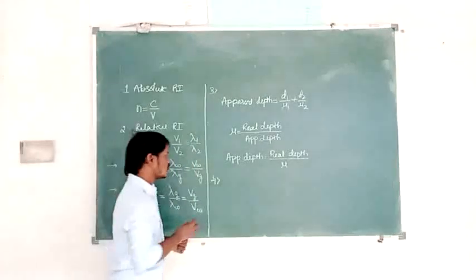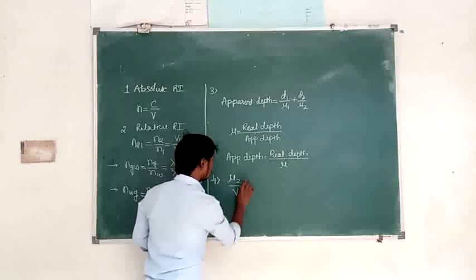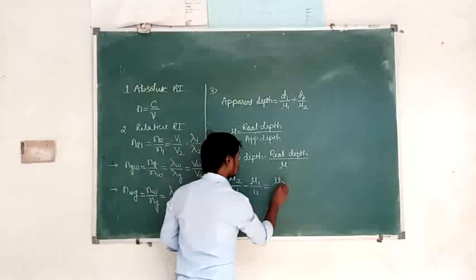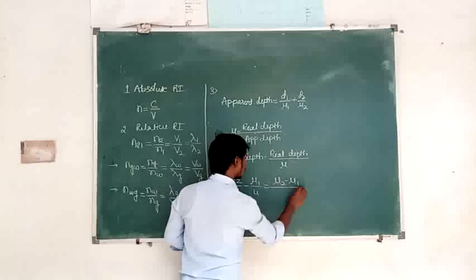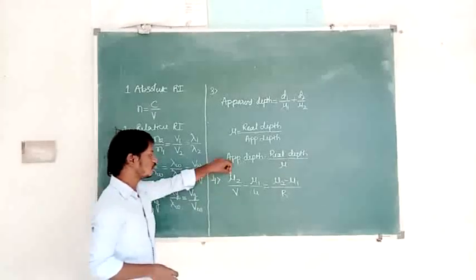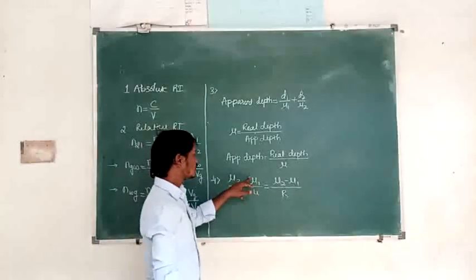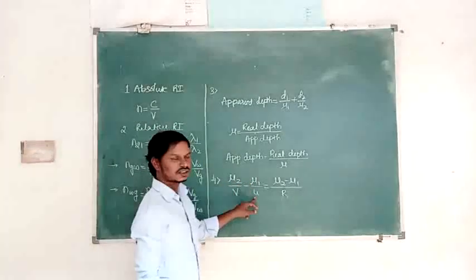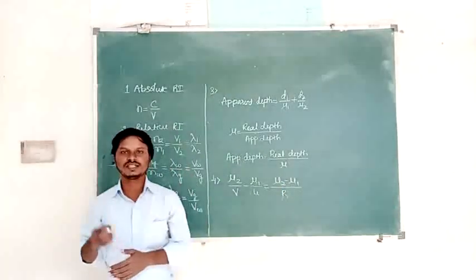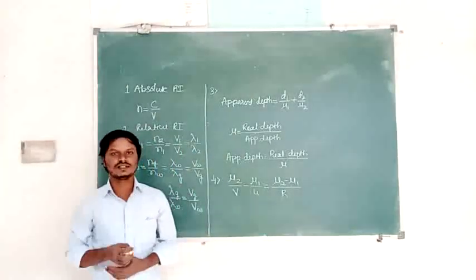What is that spherical surface relation here? mu2 by v minus mu1 by u is equal to mu2 minus mu1 divided by R. So what is mu2 here? mu2 is refractive index of second medium and v is image distance. mu1 is refractive index of first medium and u is object distance, and mu2 minus mu1 is the difference in refractive indices of second medium and first medium, and divided by R means radius of curvature of the spherical surface.